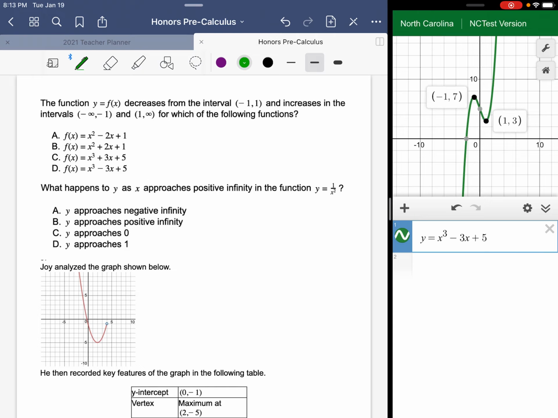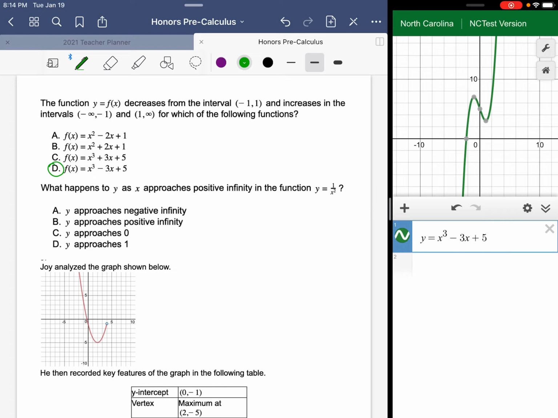And then we're going to decrease from negative 1 to 1, which is exactly what we have here. And then we're going to start to increase again on this side over here. So the correct answer is D.